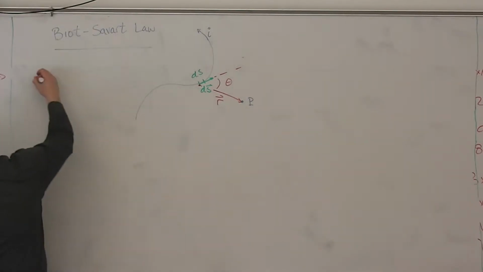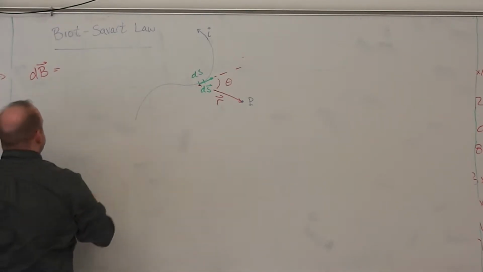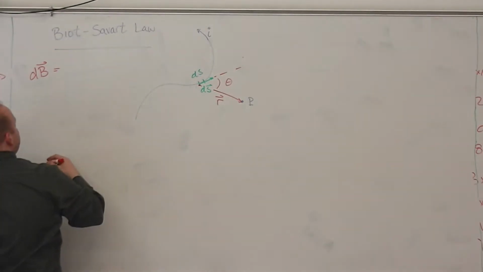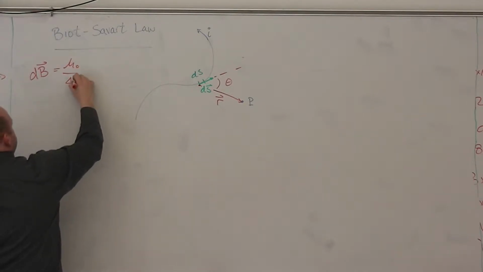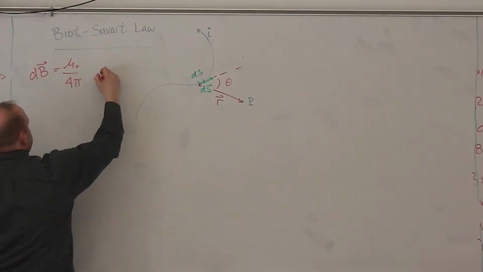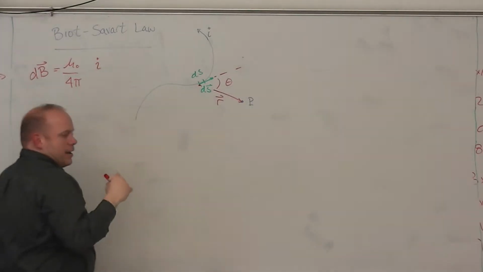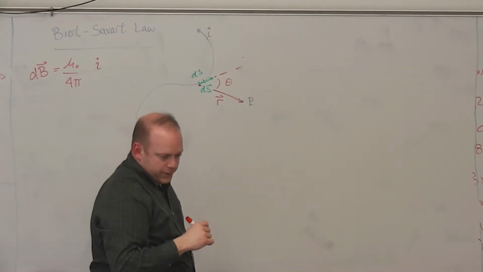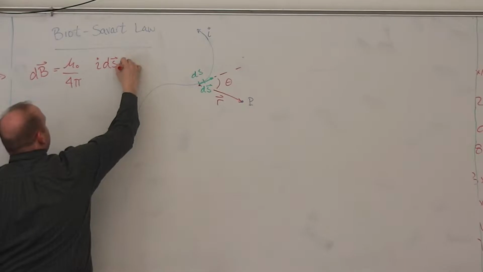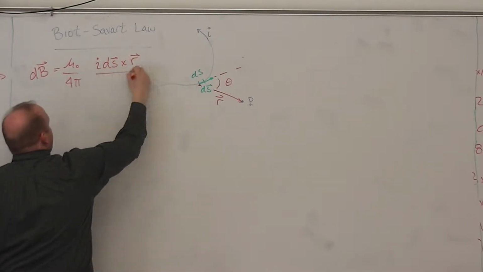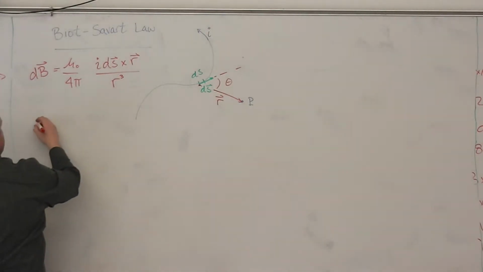That little portion of magnetic field, created by that little portion of wire, is going to equal mu naught over 4 pi times I, let me just make sure I put this down right, ds cross r over r cubed. Now, let me tell you what mu naught is.